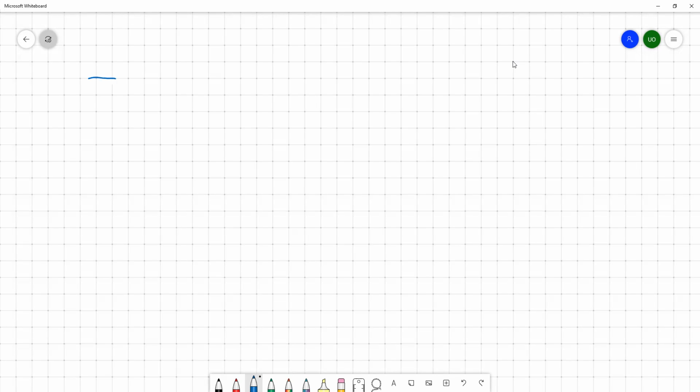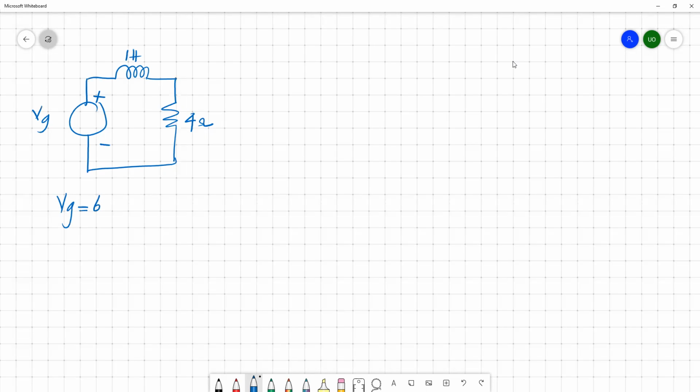We have a circuit with an inductor of 1 Henry and a resistor of 4 ohm, and a source defined as Vg, which equals 6 cos 2t volt.